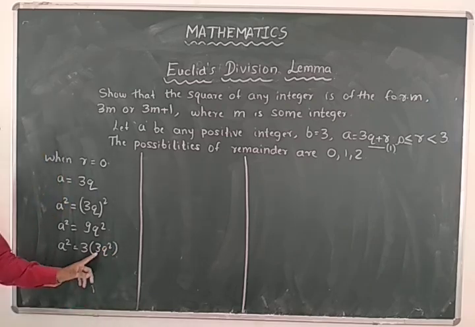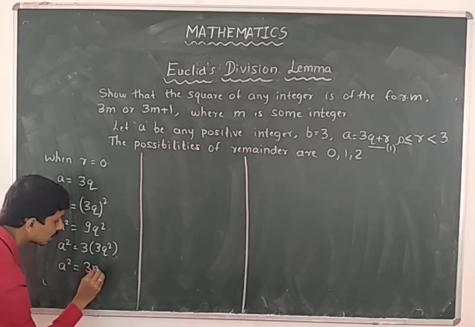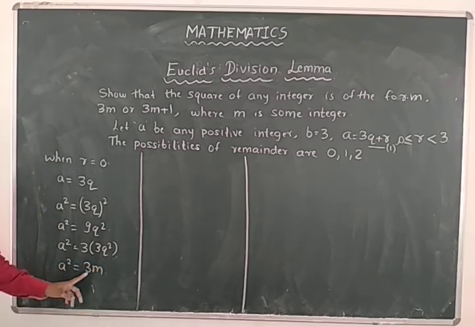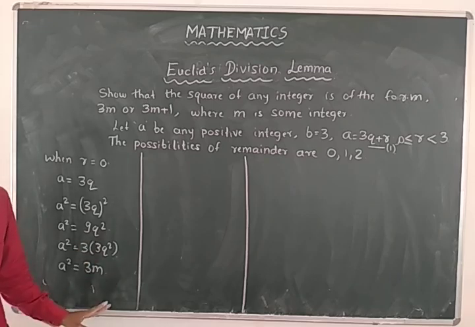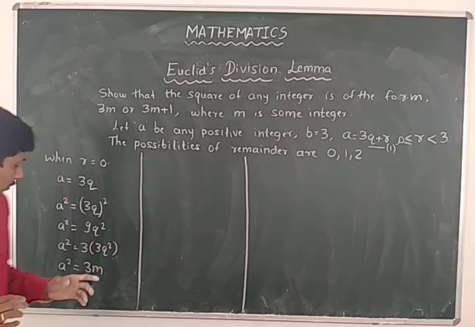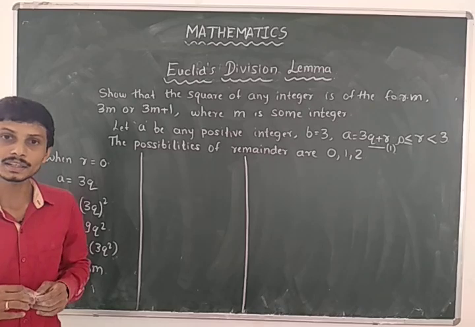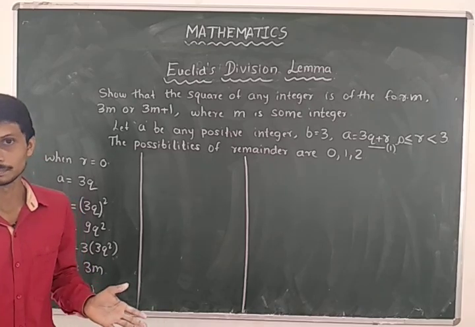I consider 3q square as m, then a square is equal to 3m. That means a square is completely divisible by 3, where m is some integer. So from this we can understand that the square of any integer is of the form 3m.